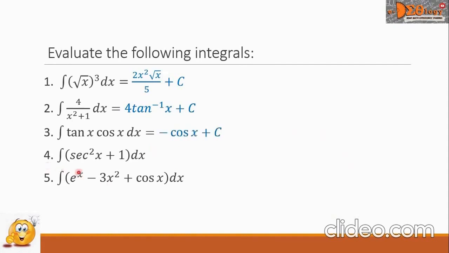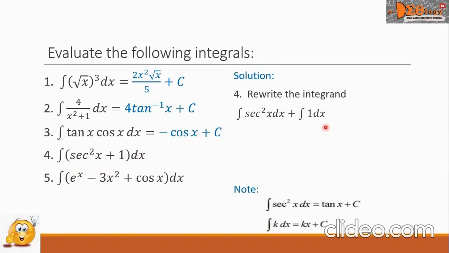The integral of the quantity secant square x plus 1 dx. We're going to take the integral of the terms of the functions. So we have the integral of secant square x dx plus the integral of 1 dx. In here, we're going to use two formulas: the integral of secant square x dx, and also the integral of the constant k dx.